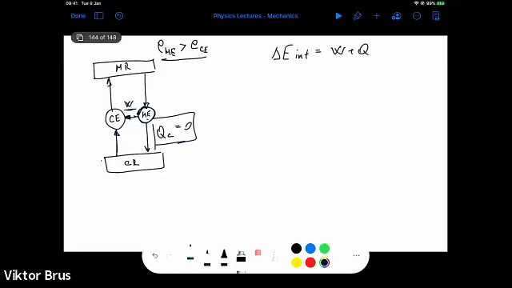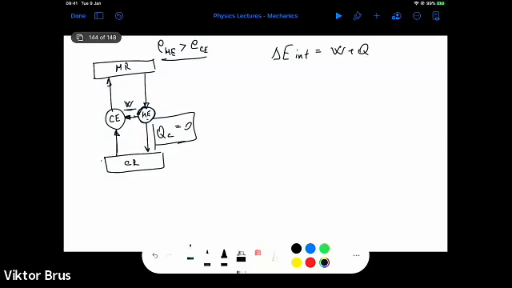So that's the statement of the second law of thermodynamics, that we cannot convert all heat provided to the cyclic process, because it's not just one process. We can convert all provided energy by heat to work in one process, like an isothermal process, but that is just one process.